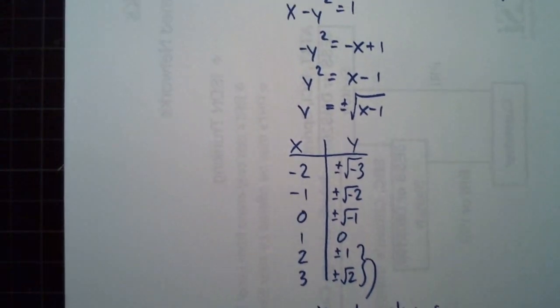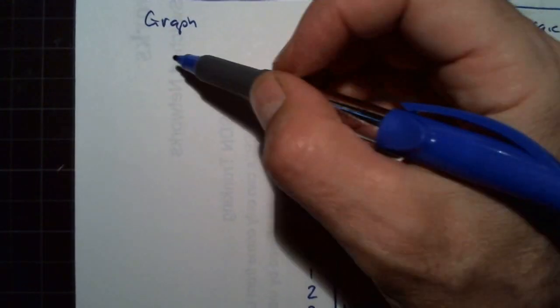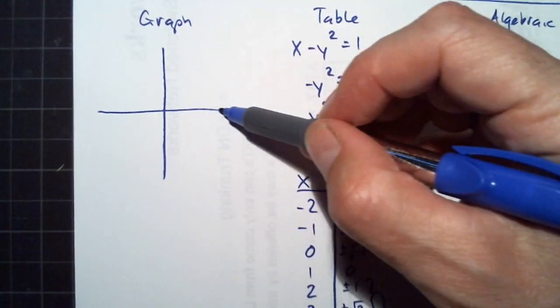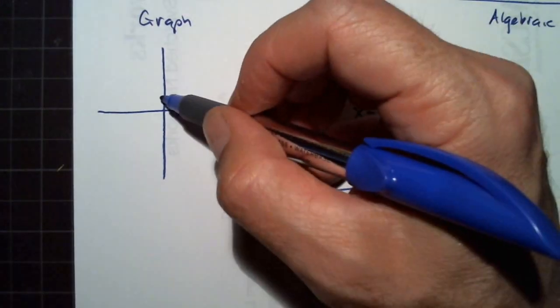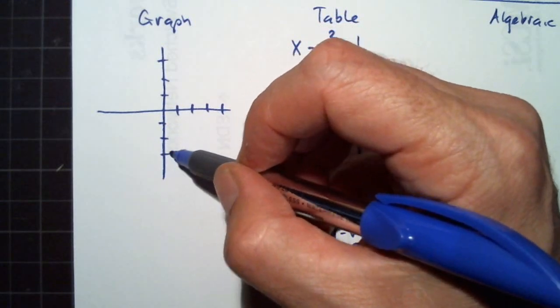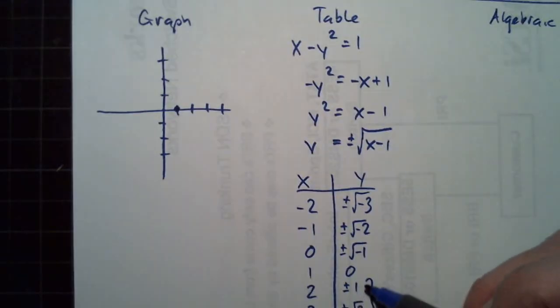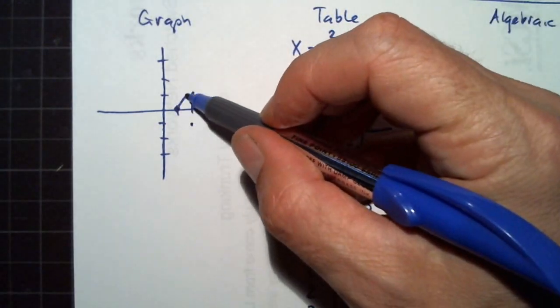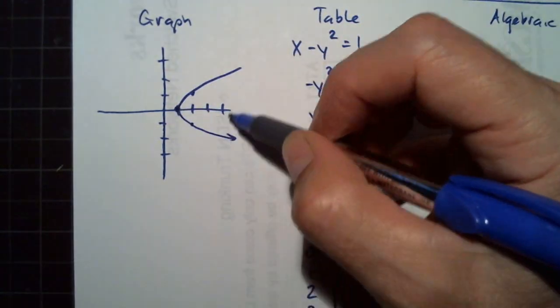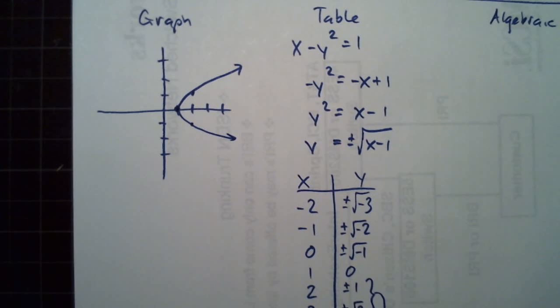And let's just plot those points, and we can see x-axis symmetry. We have 1, 0, and then we'll go over 2, up 1, over 2, down 1, and we get a sideways parabola. So we see the x-axis symmetry.